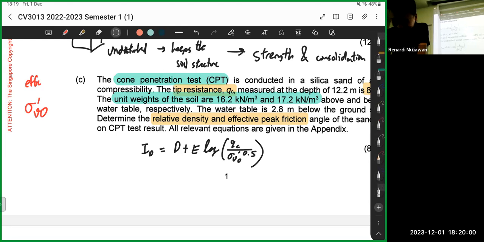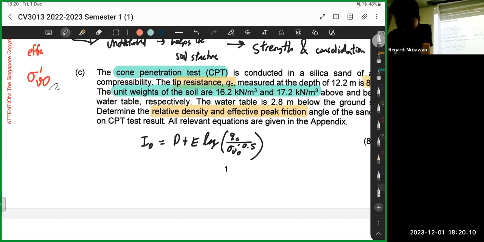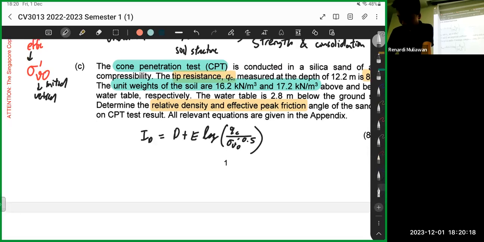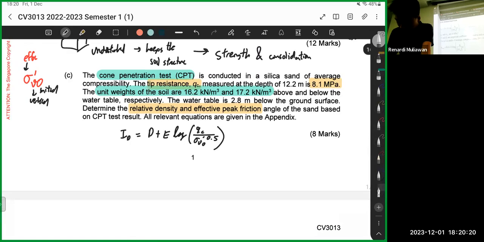Sometimes we have some consolidation and everything, but usually not tested. So this one is initial, this one means vertical, this one means effective stress. So what do they give us?